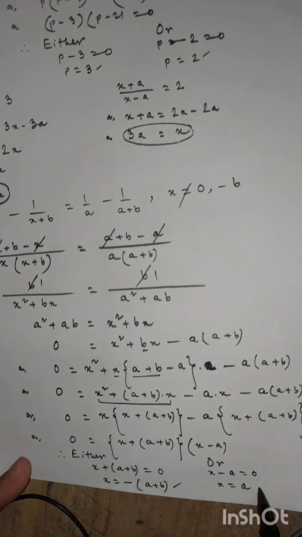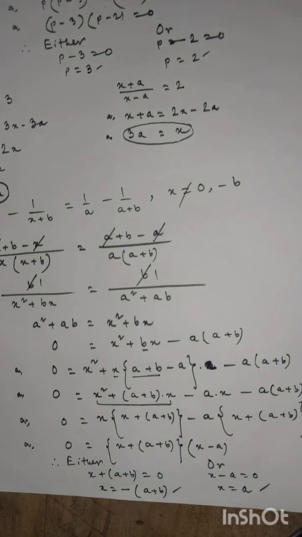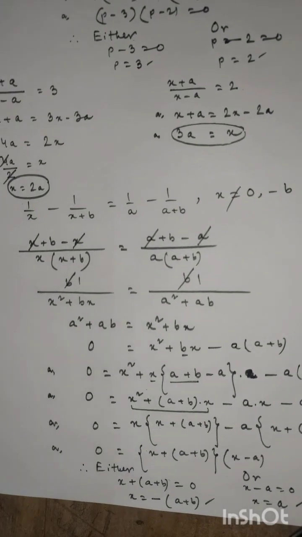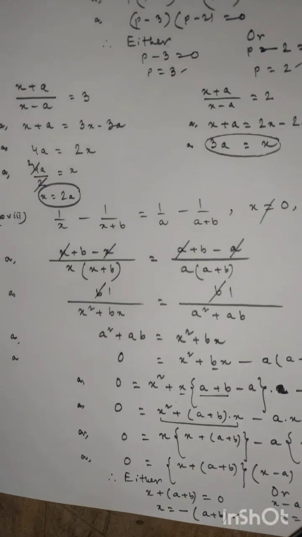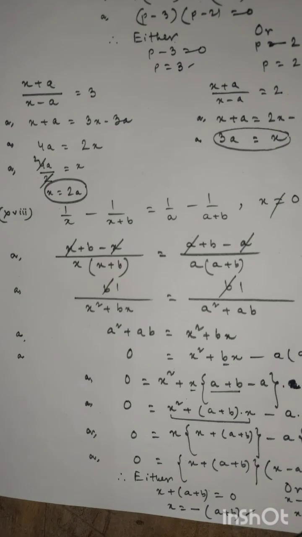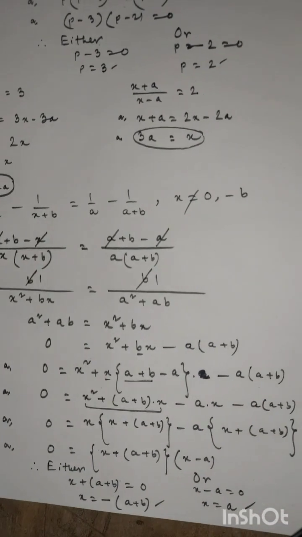So we are getting two values of x. So I hope this is clear to you, all the steps.